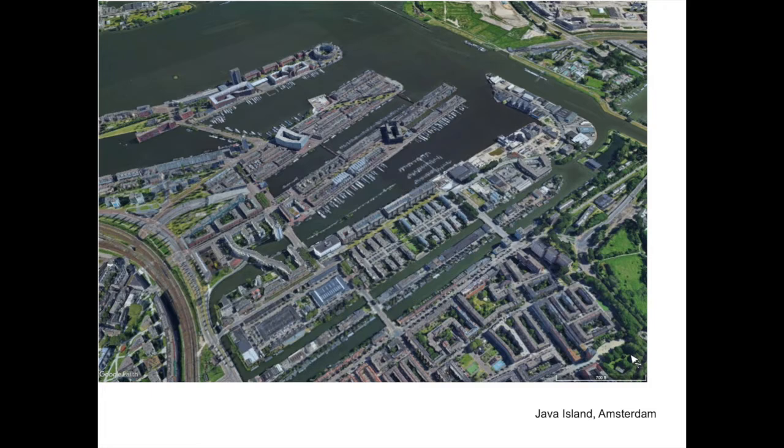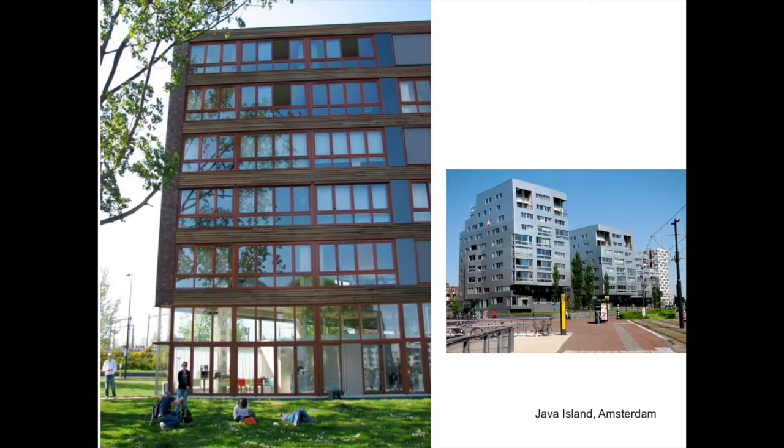This is another docklands area that was reclaimed for housing. The urban design firm that did this was called West 8. They're based out of Rotterdam. The Dutch don't like apartments. Not in their culture to live in apartments.